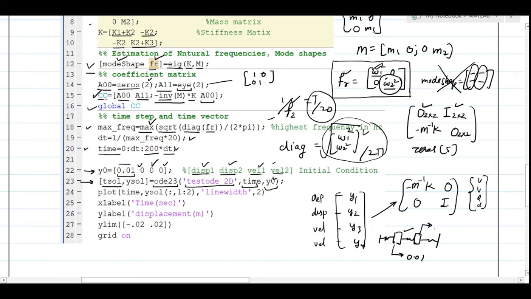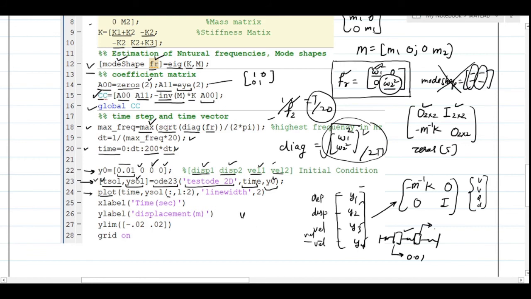T solution is going to give you the time steps, and Y solution is going to give you the 4 terms. When you run line 23, you will see that Y solution is going to give me 4 columns, which correspond to the 4 state values.